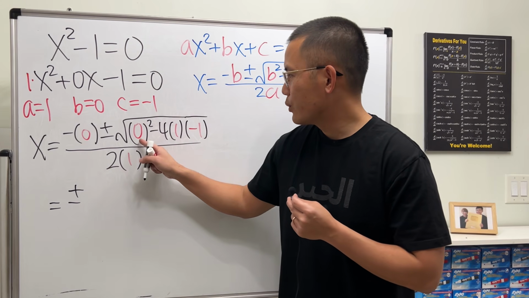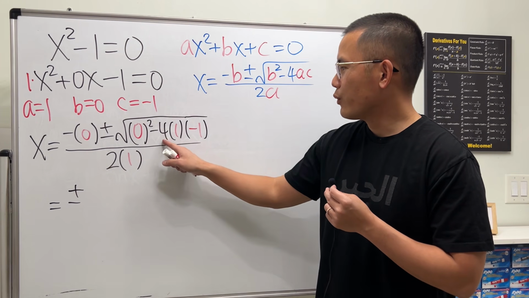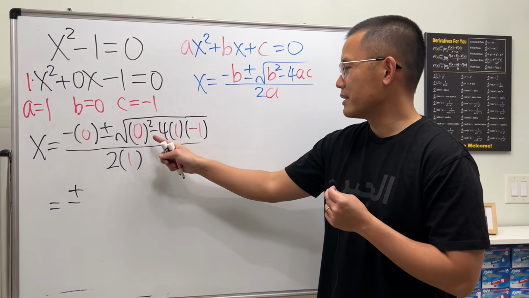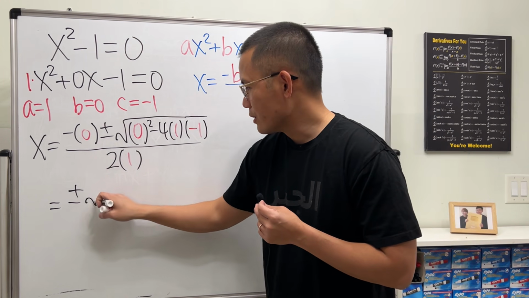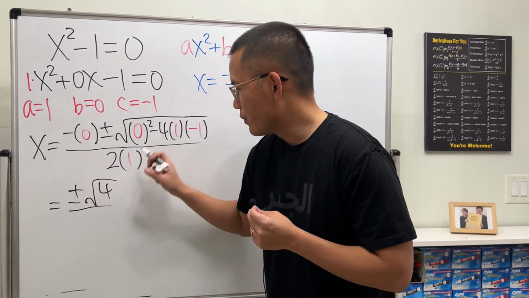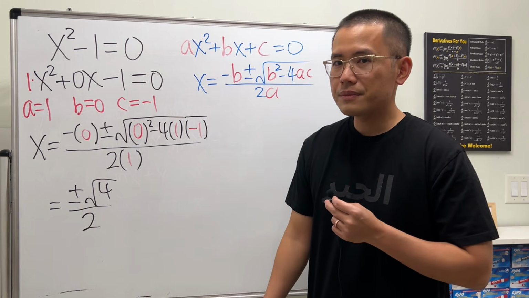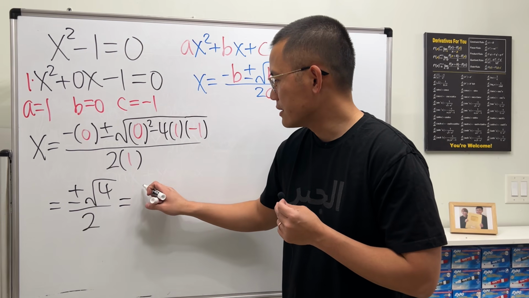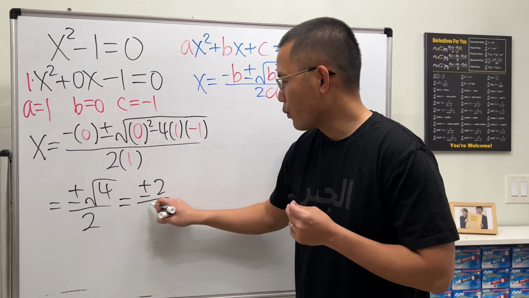And then square root of 0 is just 0. 4 times 1 is 4, but negative times negative is positive. So square root of 4, and then all over 2 times 1, which is 2. So square root of 4 is just 2, so we are saying this is plus or minus 2 over 2.